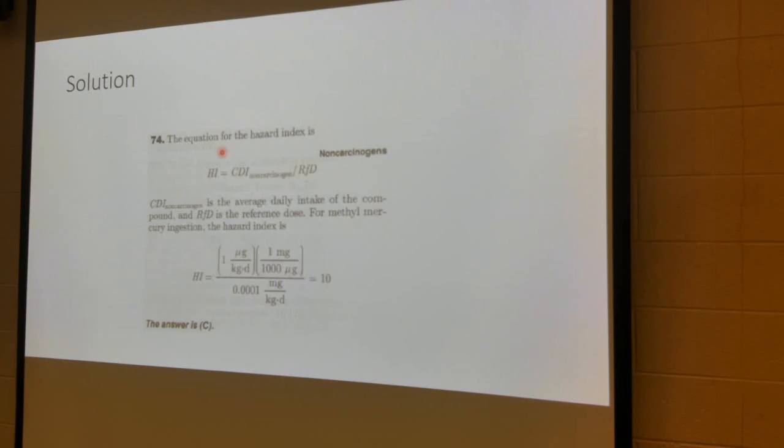It's your choice. So as you convert, you have the daily dose, that's 1 microgram converted to milligrams, divided by the reference dose already given in the respective units, for a total of 1. So that's alternative C. Not a complicated problem, but it involves a simple formula that's not always that easy to remember.